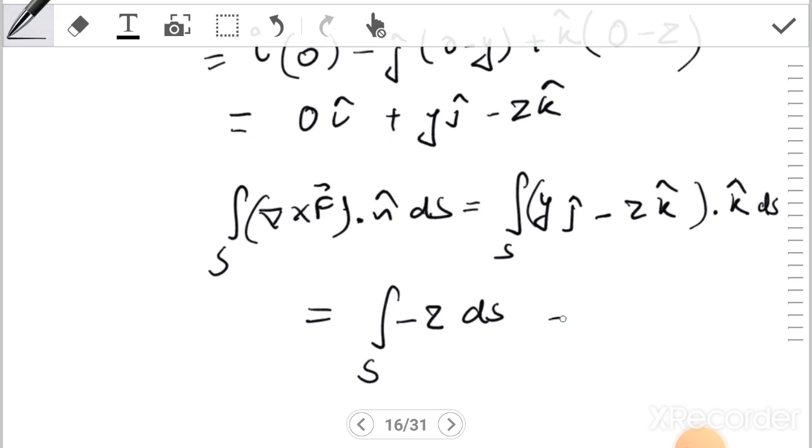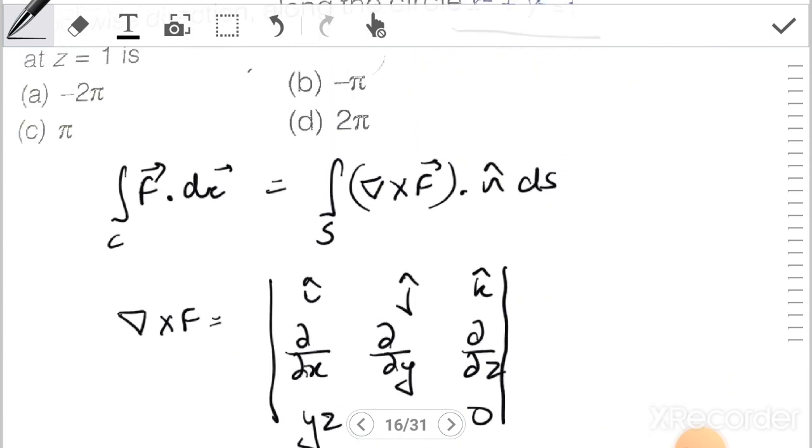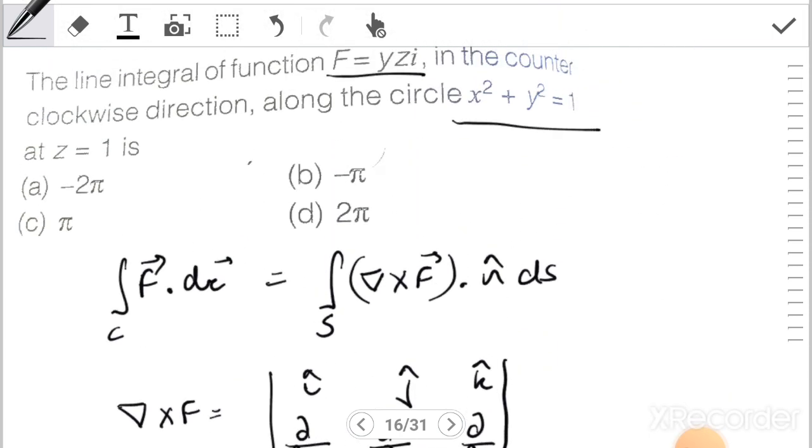So we have minus 1 times pi, which is minus pi. Right? So B is the answer.